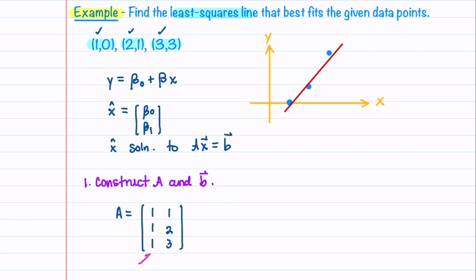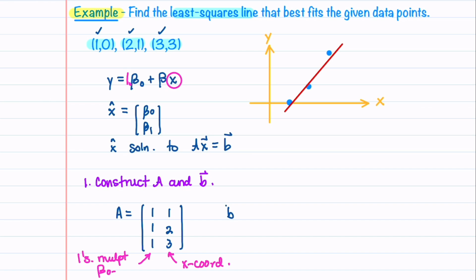Our first column are going to be our 1s that multiply our beta 0. If we look back up at our equation, you can think of this as being 1 times beta 0. And then our second column contains our x coordinates.